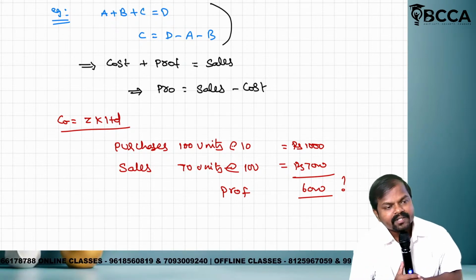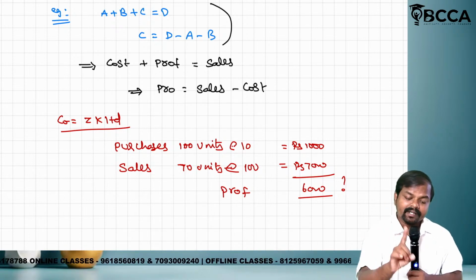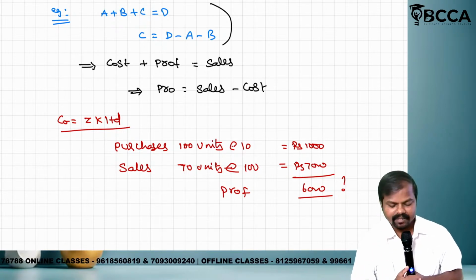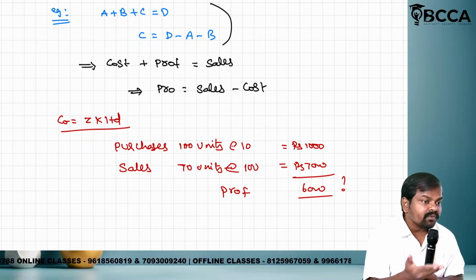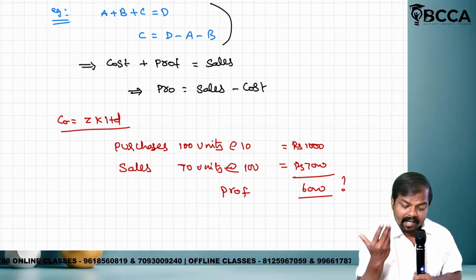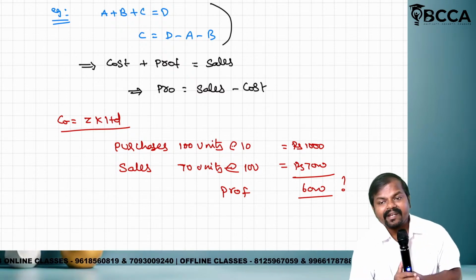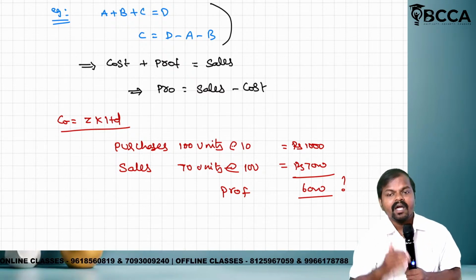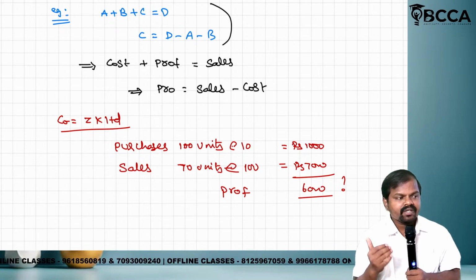They purchased 100 units at 10 per unit, so 1,000. Out of 100 units, 70 units were sold at the rate of 100 rupees per unit. They generated revenue of 7,000 rupees. Revenue 7,000, cost 1,000, profit 6,000.